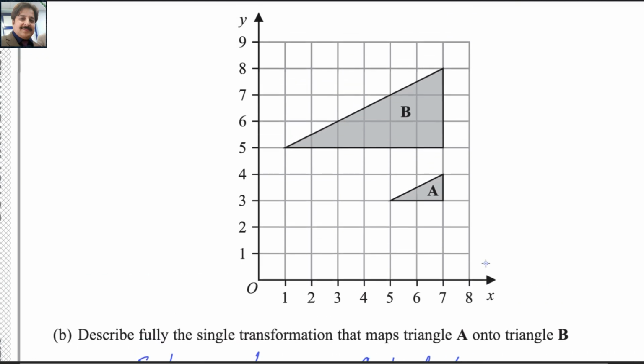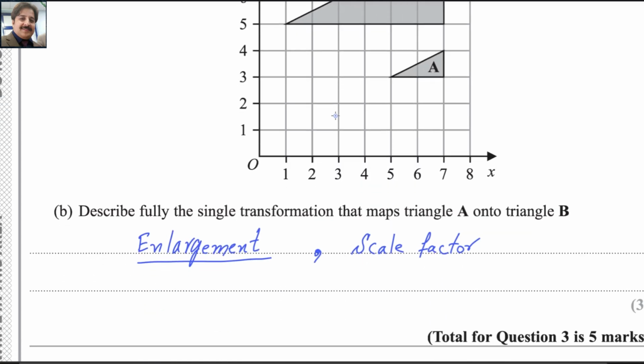Look at the base. It is 2 units. Look at that base, it is 1, 2, 3, 4, 5, 6 units. So it is 3 times. This is 1 unit here. It is 3 times. Same way you can count. Scale factor is 3. You can write here 3 times.